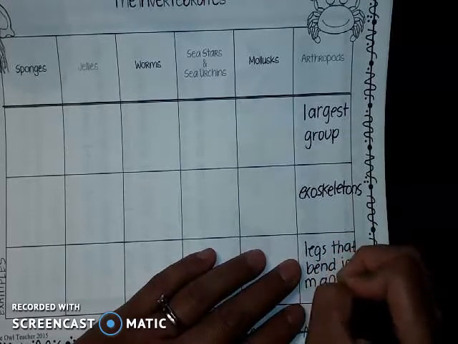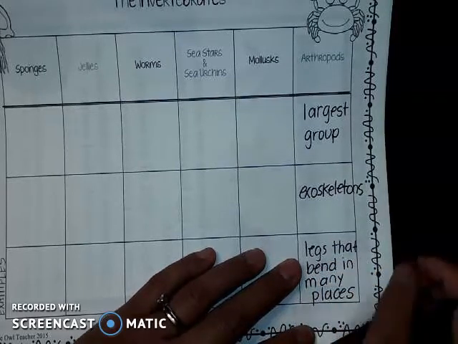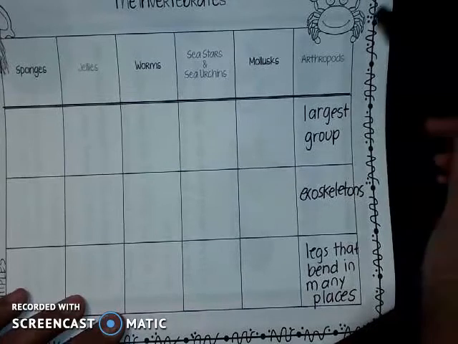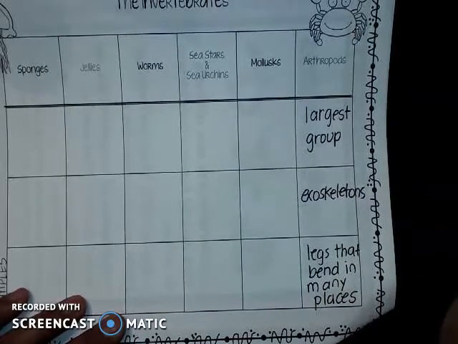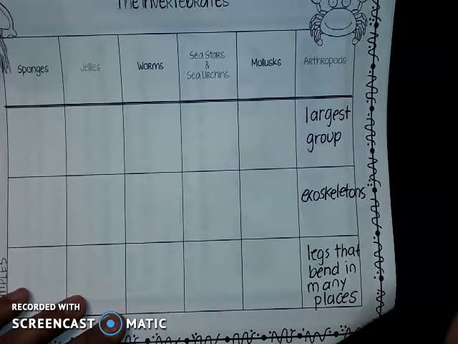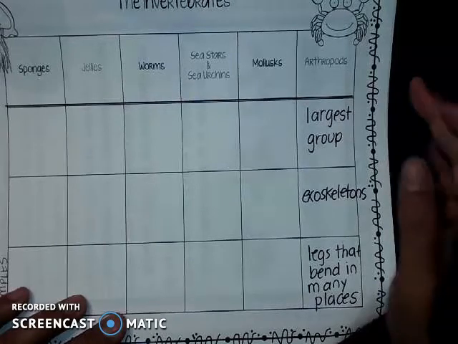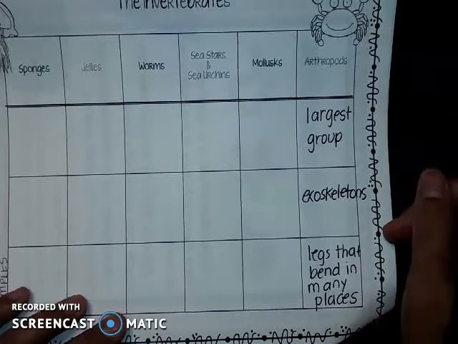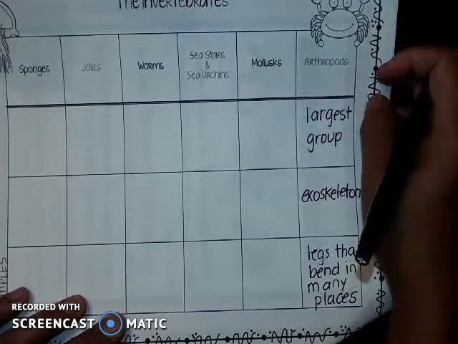Pause the video where you need to catch up. Now, like the crab and a spider, those bends in the legs are in many different places, aren't they? It's like in 3 different sections of their legs. So, again, all arthropods have similar characteristics or features, traits that make them unique.